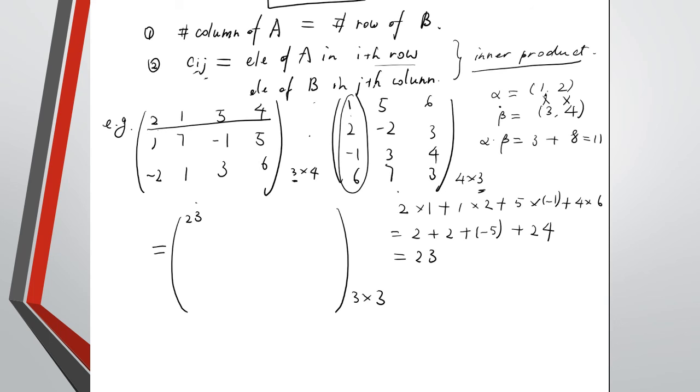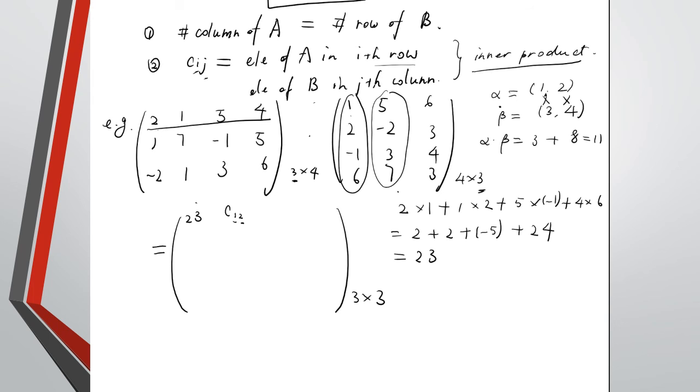column. So for this one, we have C12. So C12 means it is in the matrix C's first row and second column. And we understand that the first indicator 1 comes from the matrix A's first row. And next, subscript 2 comes from the second column of matrix B. Okay?